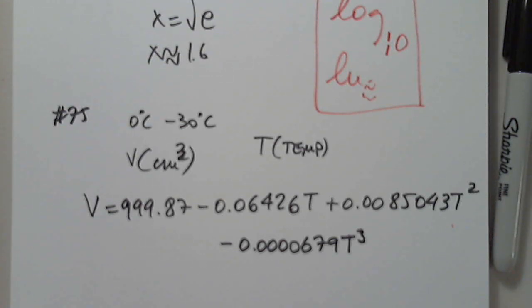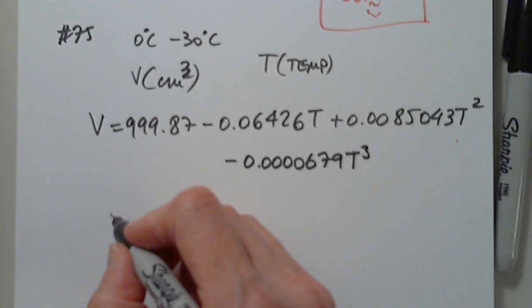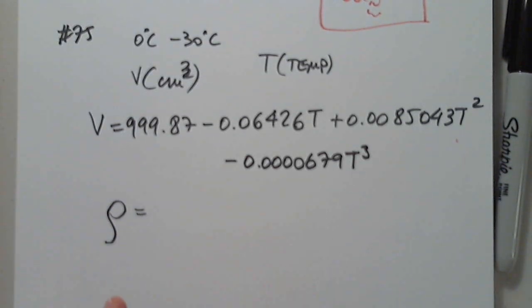Okay, so let's remember what density is all about. So the notation for density is this: rho. Anyone remembers what density equals to?